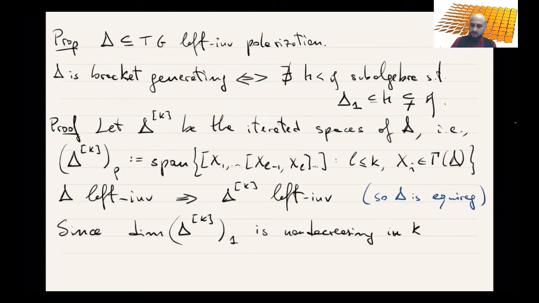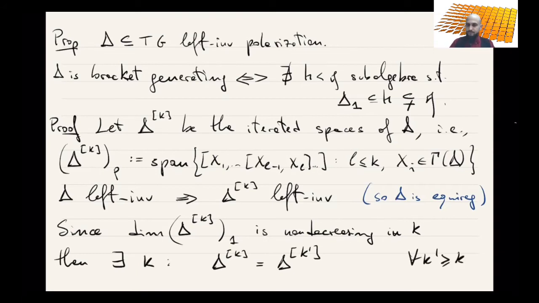Therefore, since the total dimension of the algebra is finite, eventually there exists some k such that Δ^k is equal to Δ^k' for all k' larger than k. Let's give a name to this: let's call it Δ*. Good, so this is always true.